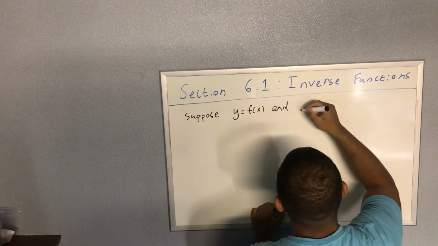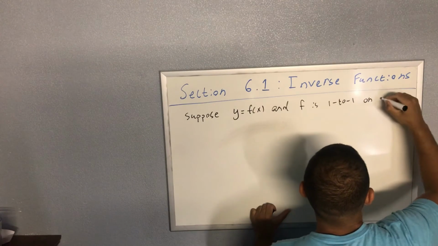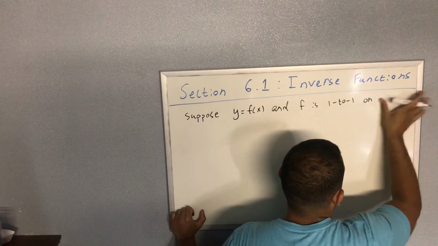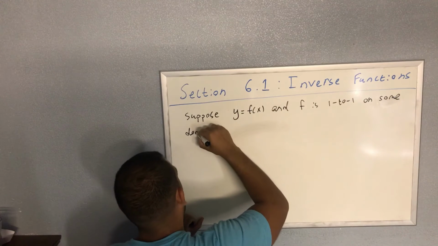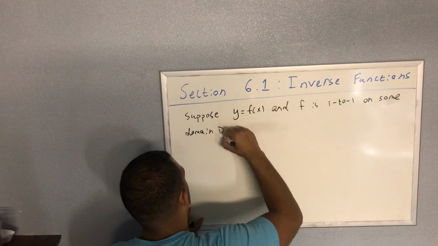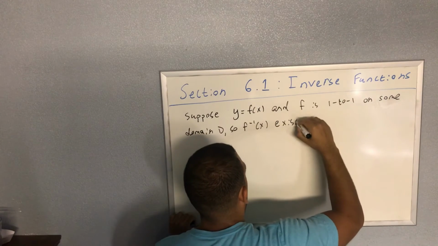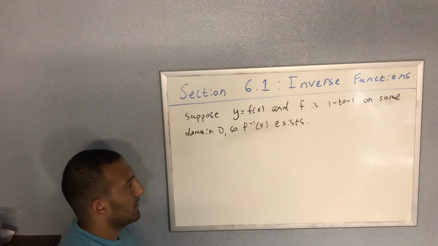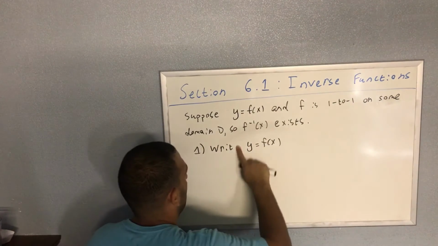And f is one-to-one on some domain. Okay, so we know that on this domain the inverse function exists.